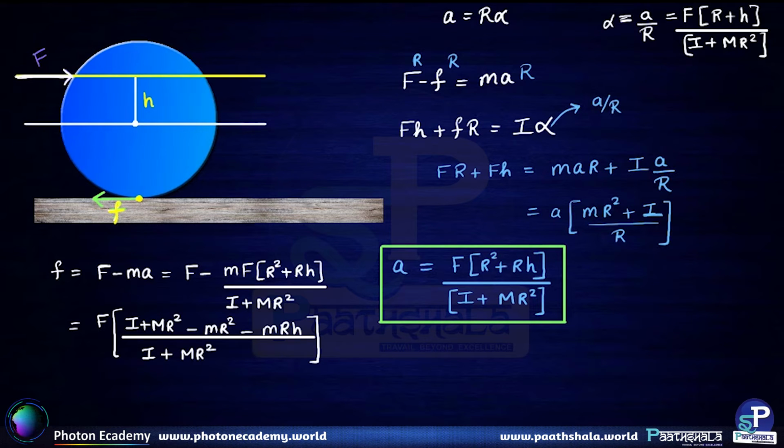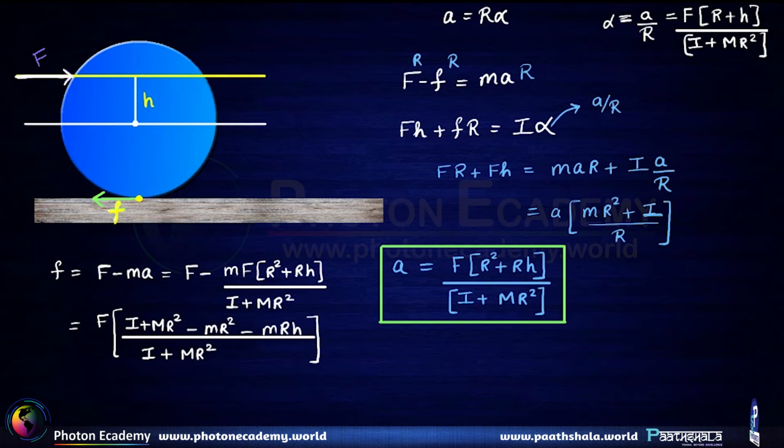So mr square is going to get cancelled from the numerator. Mrh will remain as it is, and we'll be left with the formula for the friction force, which I am going to write down over here.